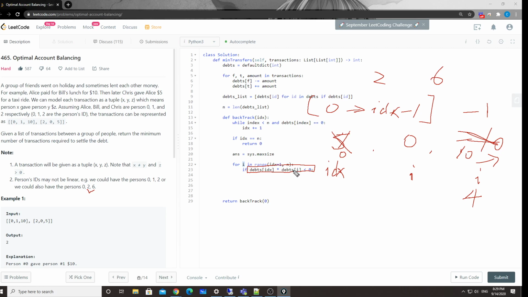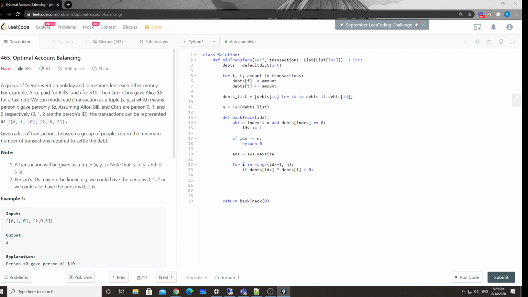That's our best move. Among all the I's from index plus 1 to n, we will try all the possibilities whose amount has a different sign from the current debt.